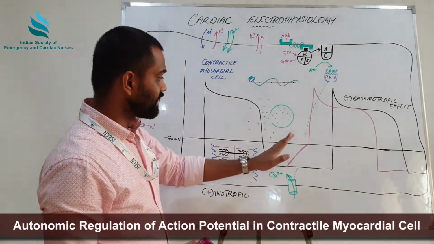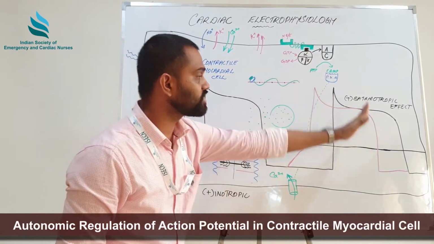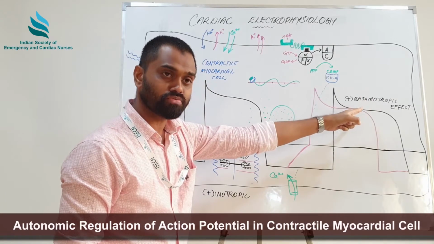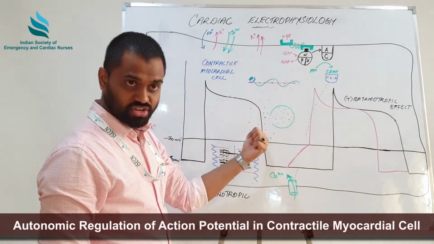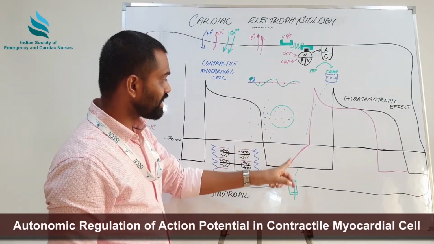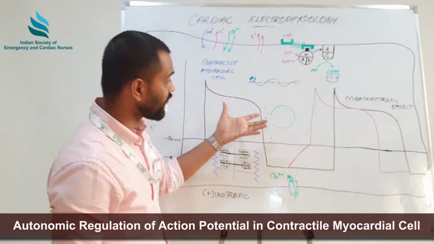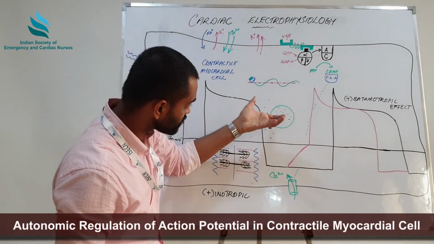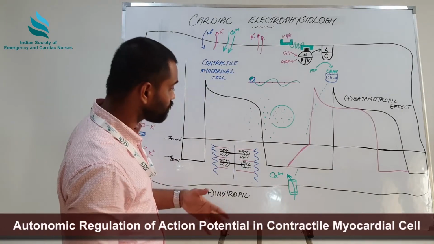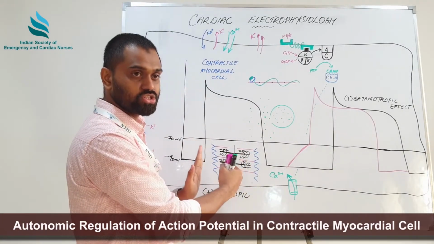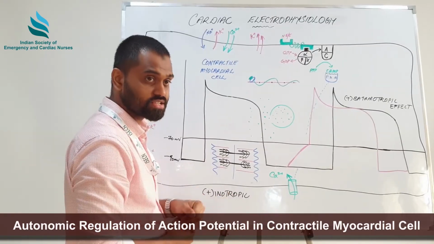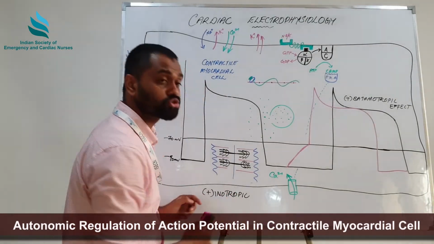Influence number one, it can cause triggered activity, which is called bathmotropic effect in the contractile cell. And number two is that it can release more amount of calcium from the intracellular reserves of sarcoplasmic reticulum, so that more amount of calcium is available for the muscle contraction process, so that more effective contraction takes place, so the force of contraction increases, so that we have a positive inotropic effect.